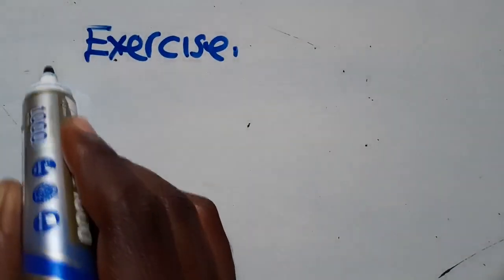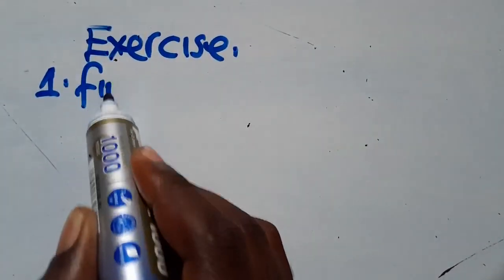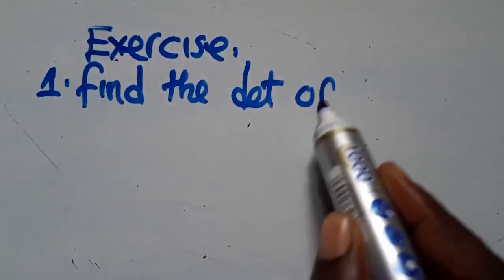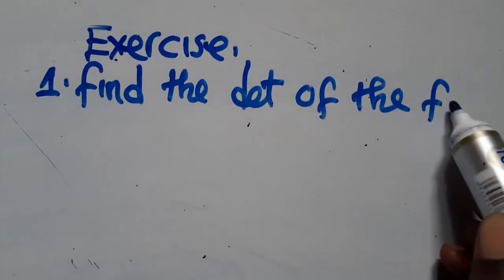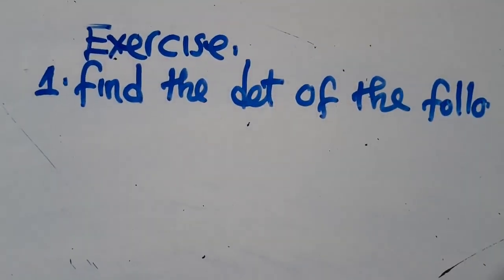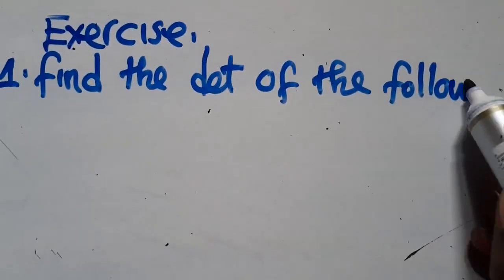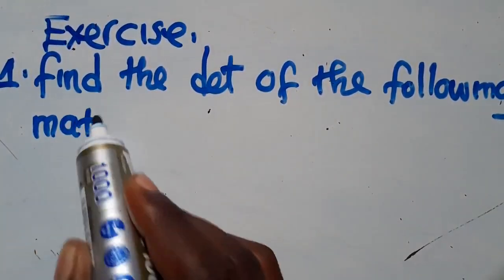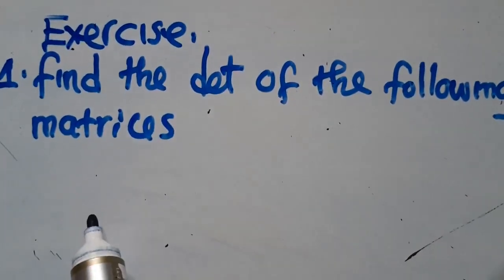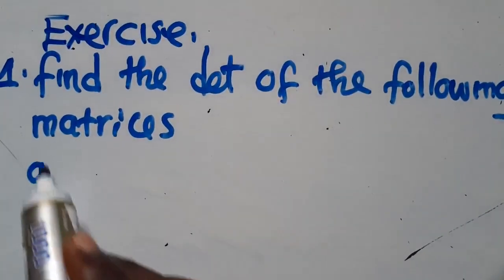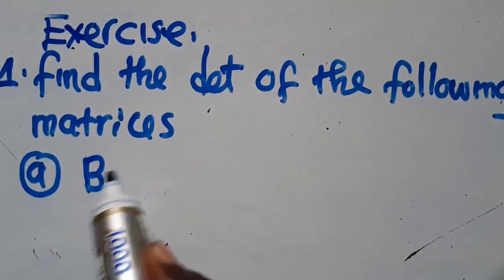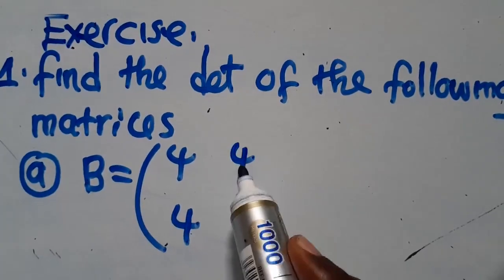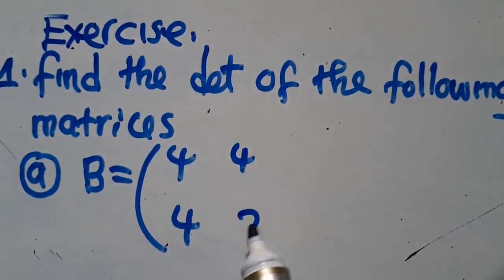So question 1, find the determinant of the following matrices. This is the first question which you are given. So you say the first one, A, B is equal to 4, 4, 4, 2.